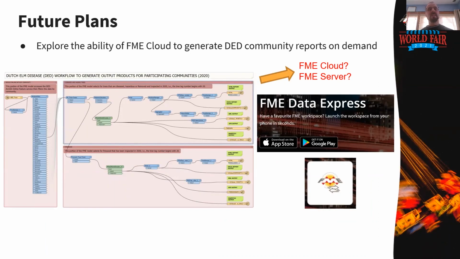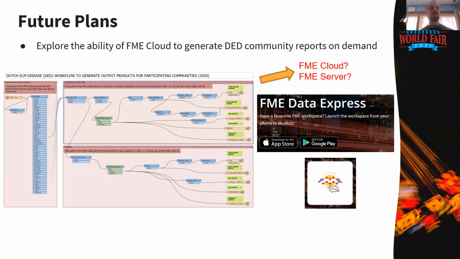Another possibility that I'm not sure about, but I'll reference here, is using FME Cloud to generate DED community reports on demand. So one of the workflows I've created generates Dutch elm disease information for communities. The province collects information on Dutch elm disease, which trees are infected, but it's a responsibility of communities to actually remove those trees.